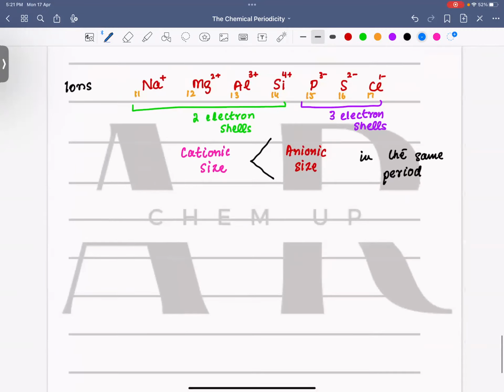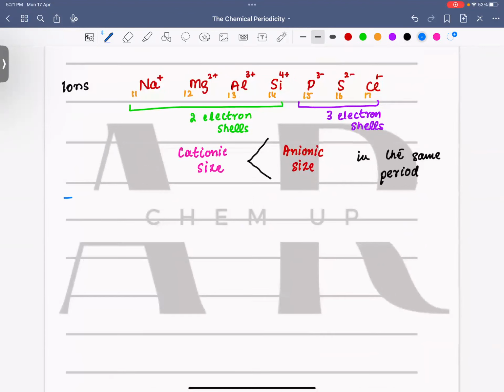Okay, then. So, if I comment on these cations, I can say that from sodium to silicon, ionic radii decreases. Is everybody agreed on this? And why?